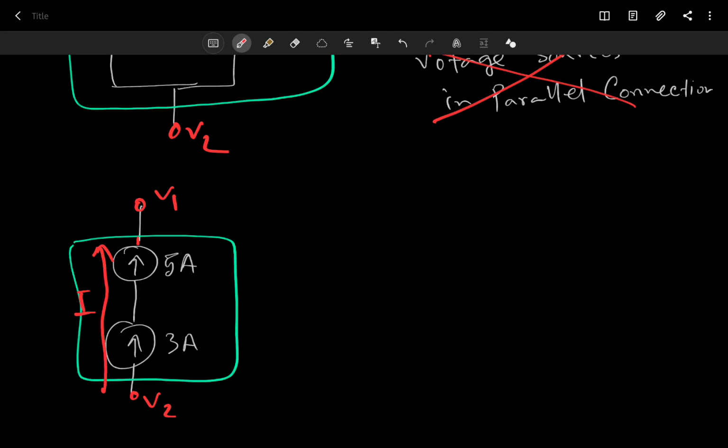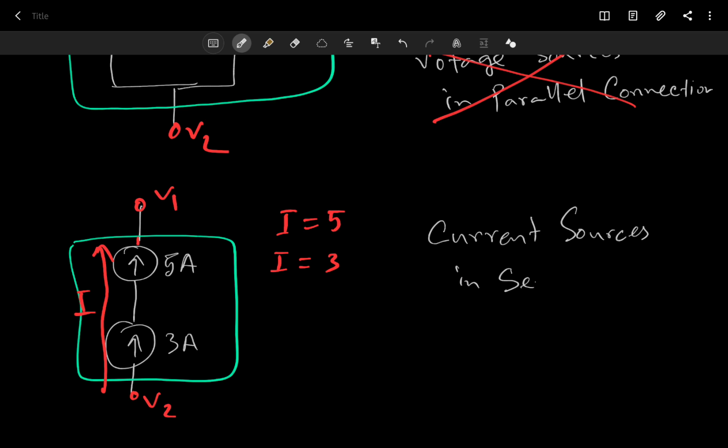So the current has no other way to go. So I is equal to either 5 or I is equal to 3. They cannot be both at the same time. So current sources in series also create conflicts. So current sources are also not allowed in series combination.